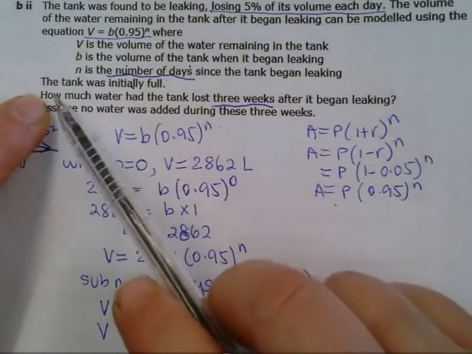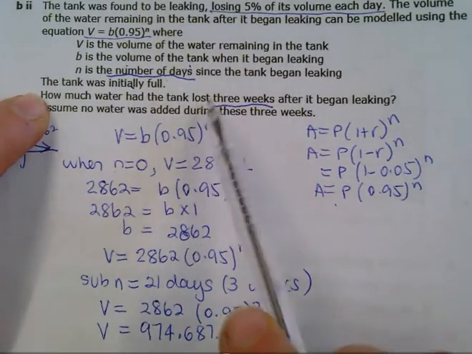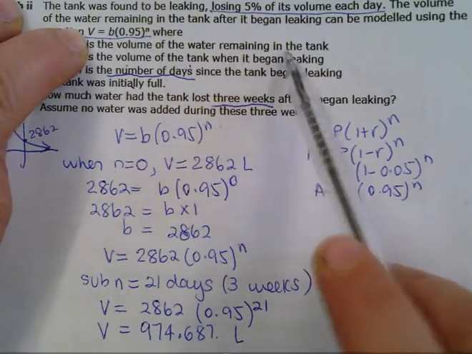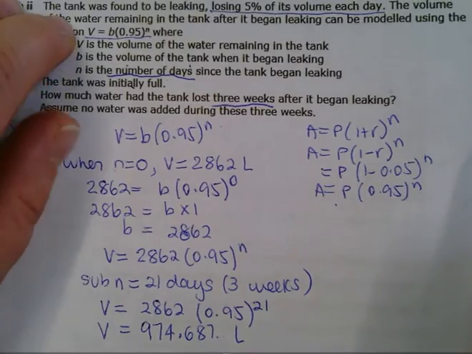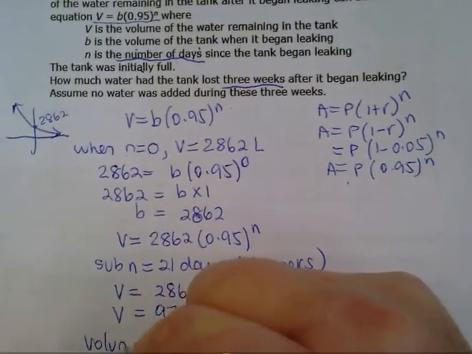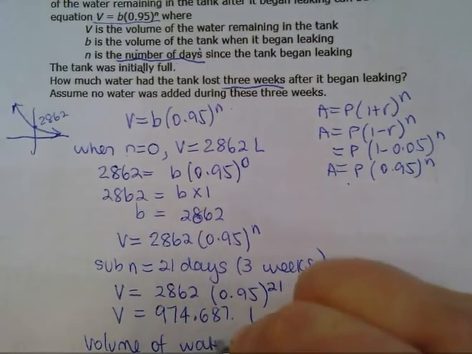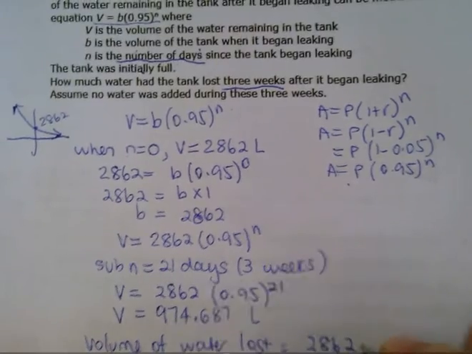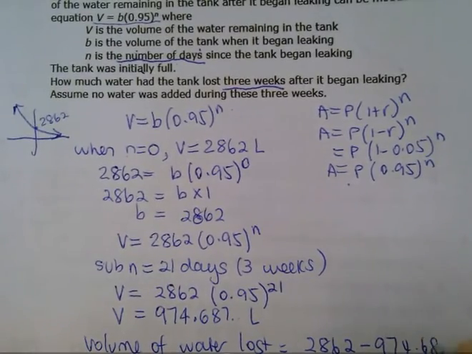Have we answered it? How much water had the tank lost? V is the volume of water remaining in the tank. I need to do something else. You have to subtract. So the volume of water lost is 2862 minus 974.687, which is, anyone?